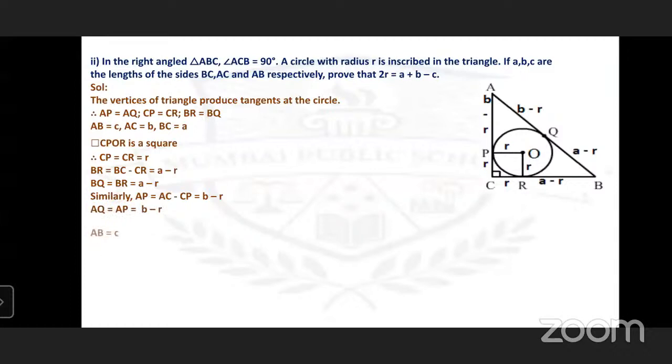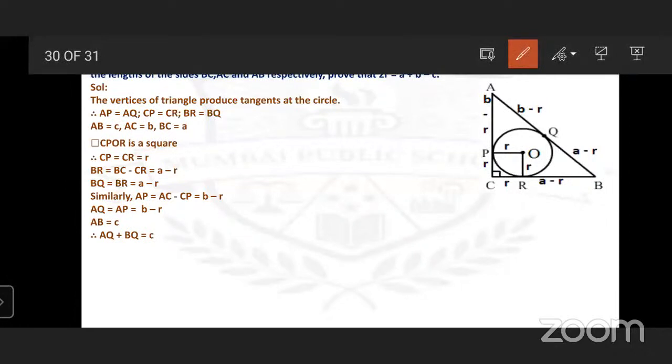Is it clear? Now, AB is equal to c. Side AB is equal to c. So AQ plus BQ is equal to c, right? Yes.